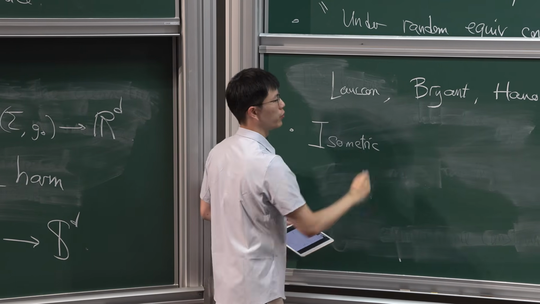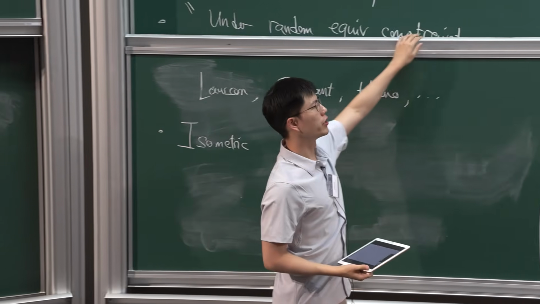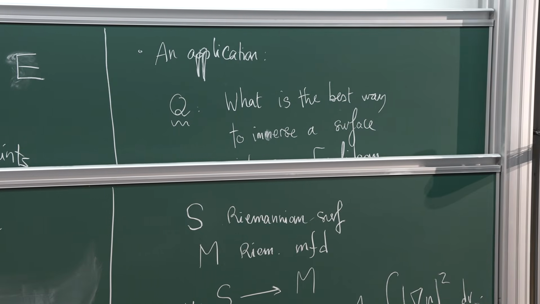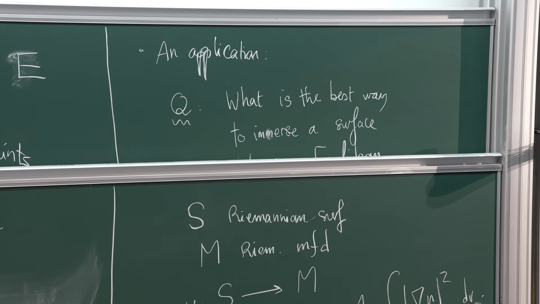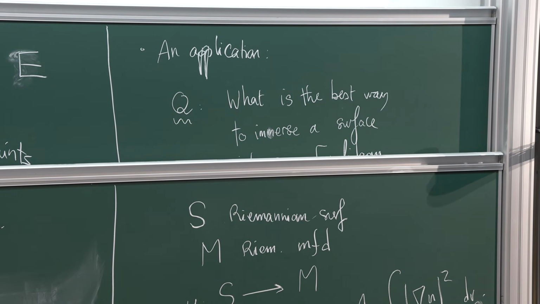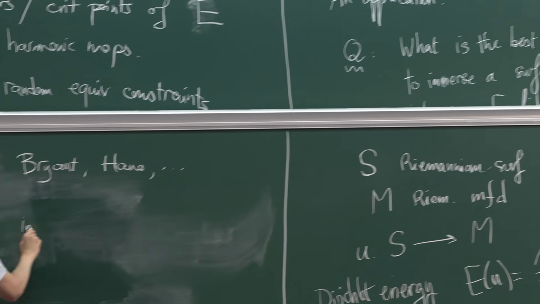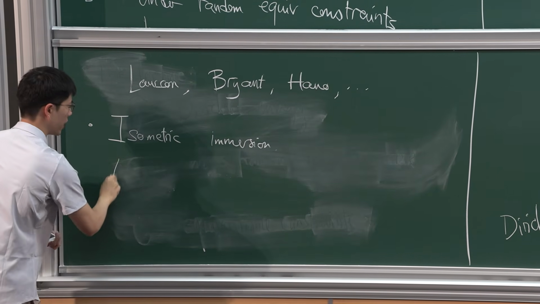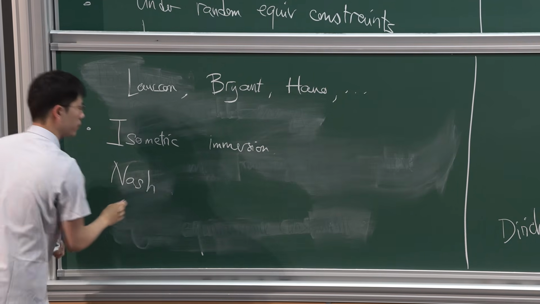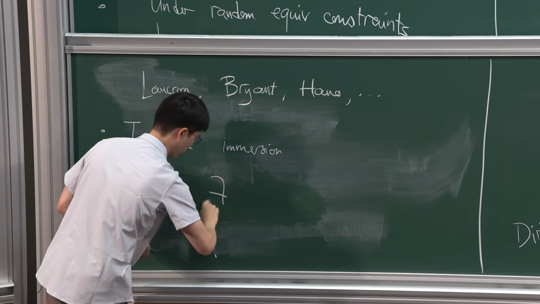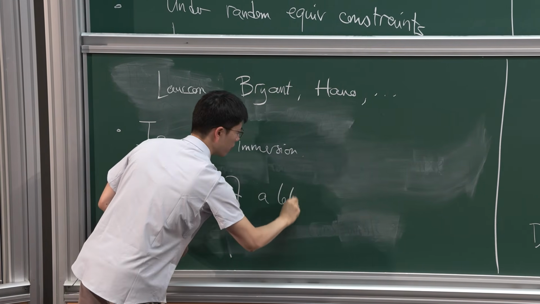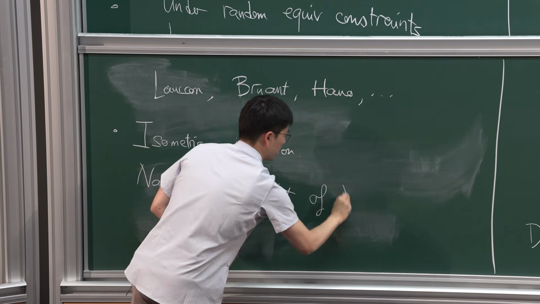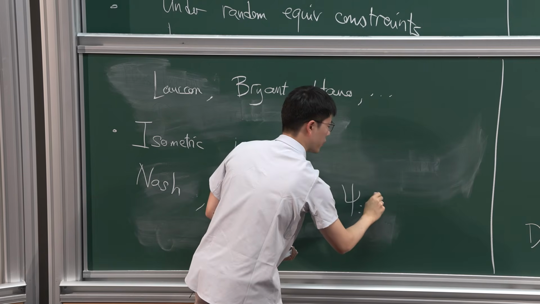There's another way to think of that question, and you can say, well, a nice way to immerse, say, a hyperbolic surface is to try to immerse it isometrically. So let me remind you that because of Nash, the Nash embedding theorem, there's again a lot of such isometric immersions.